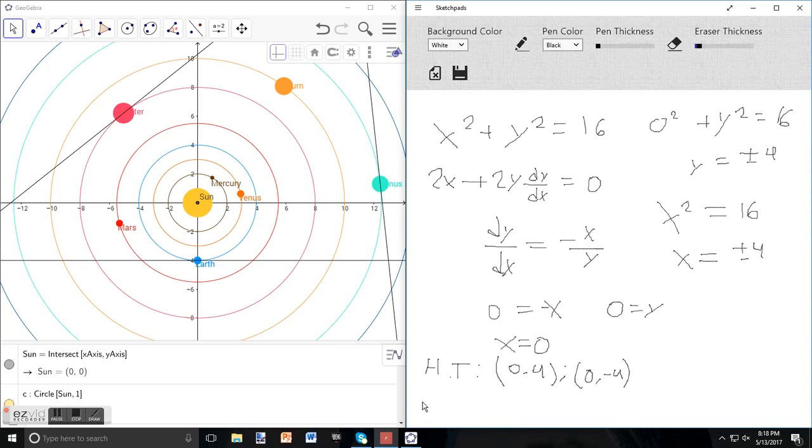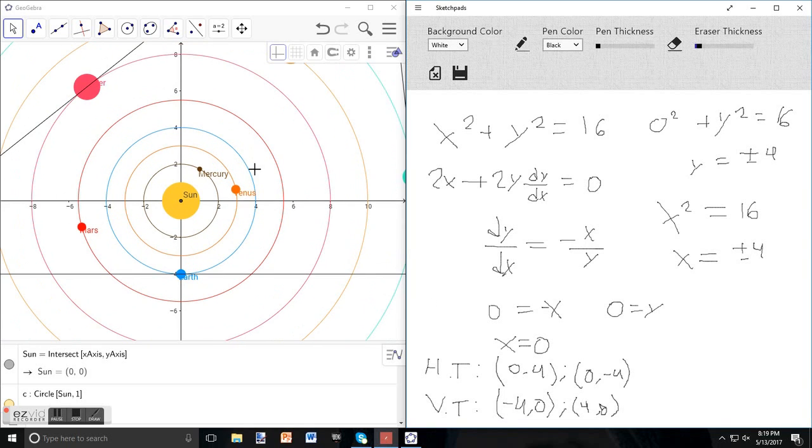So our vertical tangents are at negative 4 and 0, and at 4 and 0. Pardon my bad handwriting. You can see on the graph, because this is a simple one, that the vertical tangents would be at negative 4 and at 4.